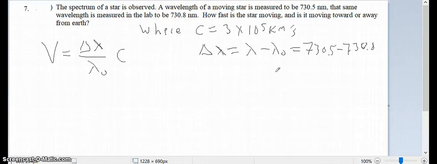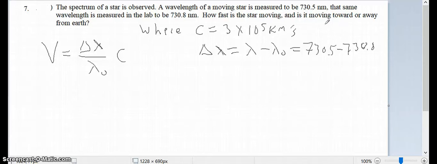Also, with this particular formula, we use the speed of light to be 3 times 10 to the 5th kilometers per second, and usually that's a typical thing, measuring the velocity of things in space in kilometers per second. It turns out to be a more unit friendly number.